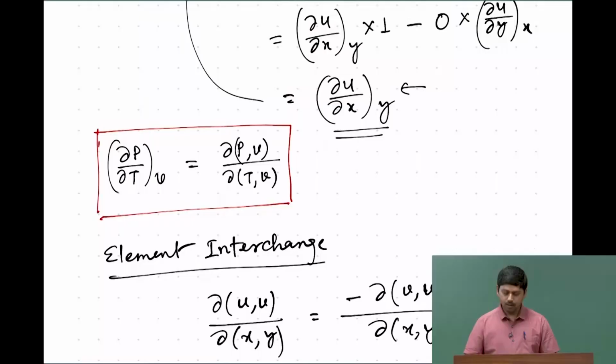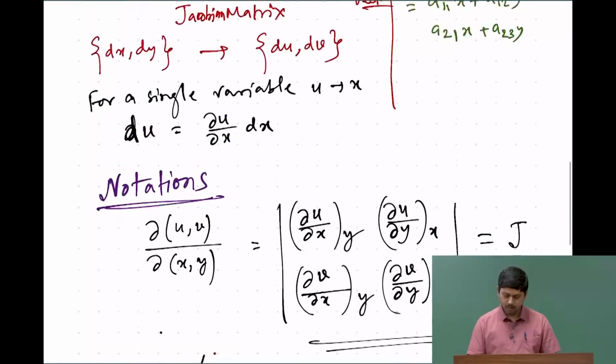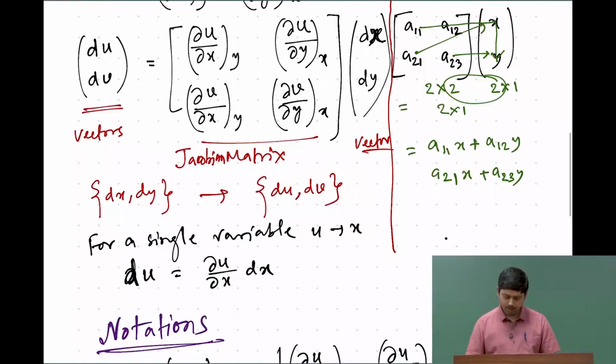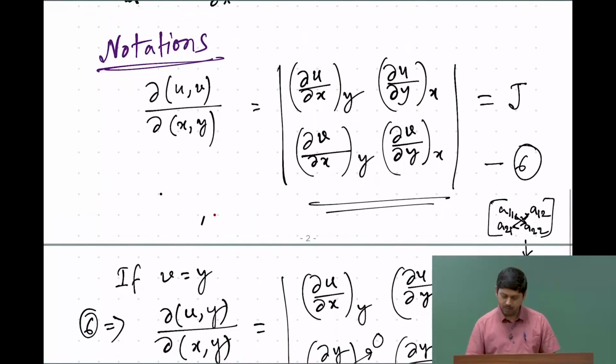You know, in a matrix, if we change one row, then the determinant becomes negative. So, this Jacobian is a determinant, by the way. This Jacobian matrix, but the value of the Jacobian is the determinant. For example, here we are writing it as a determinant, and this is the determinant of this particular matrix. So, this is the determinant, just the matrix product.